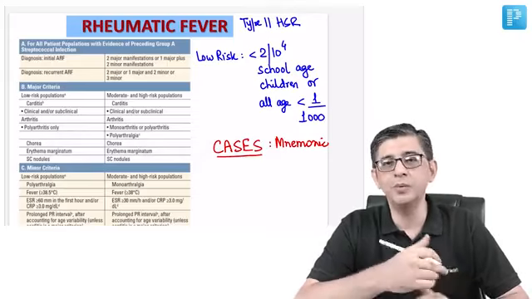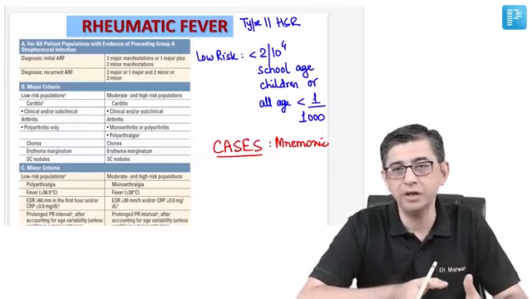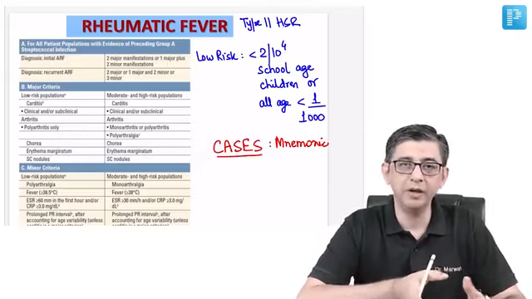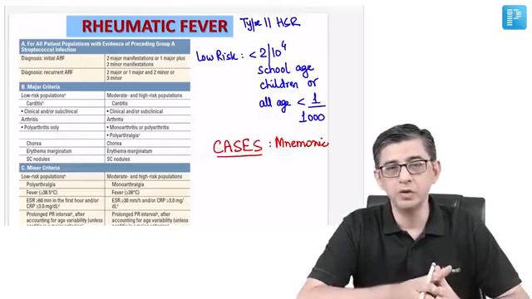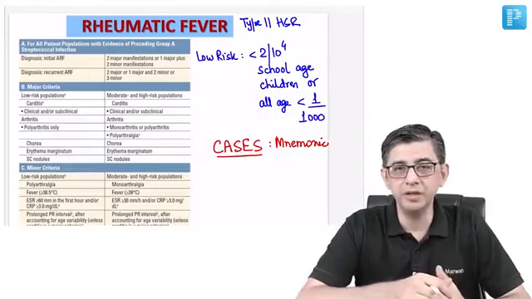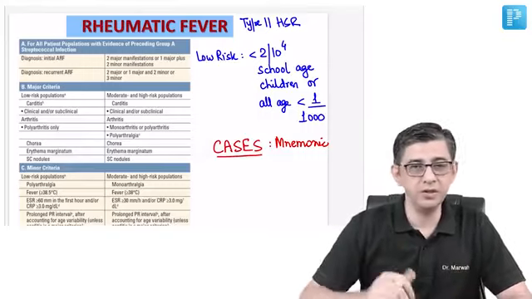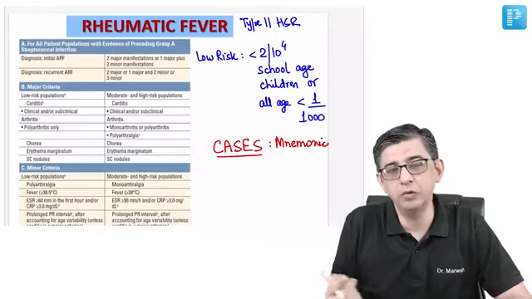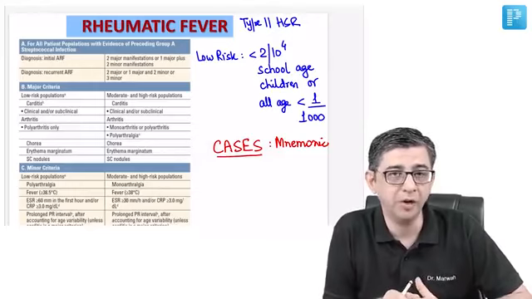Now the disease is so common in India that the progression is, first you would have, suppose, ankle joint swelling, then it migrates to the knee joint of the contralateral side maybe, then maybe to the elbow joint. Because the disease is common in India, you don't need to wait for the full picture of the disease to evolve, that is multiple joints getting involved over a period of time, before you say, okay, this is one of the diagnostic criteria for rheumatic fever.